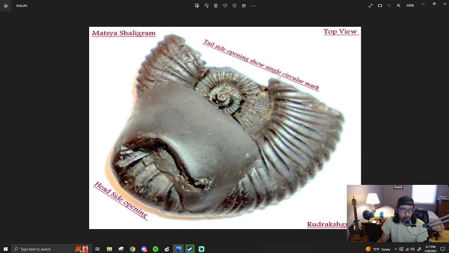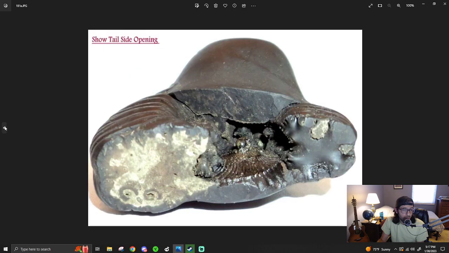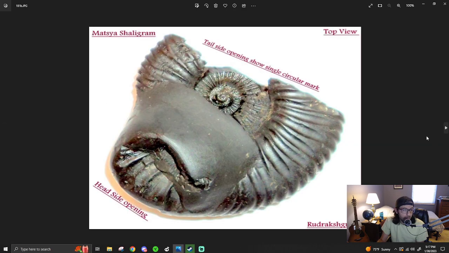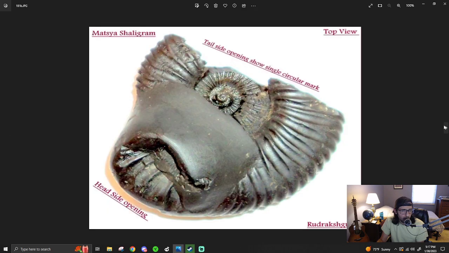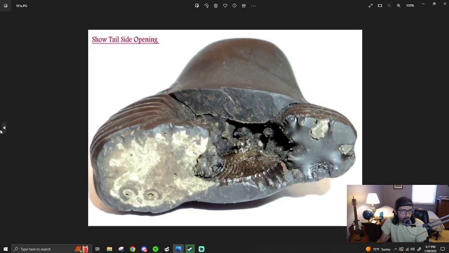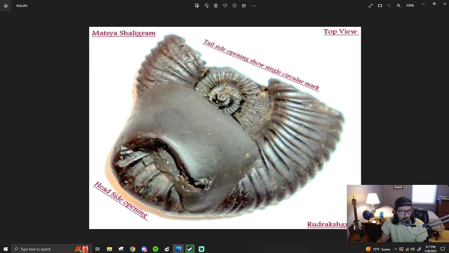Tail side opening showing. Okay, this is the same one, this one. So we see this, which I believe is here. I believe, no, maybe. It's got to have a really straight broken segment that this doesn't have.